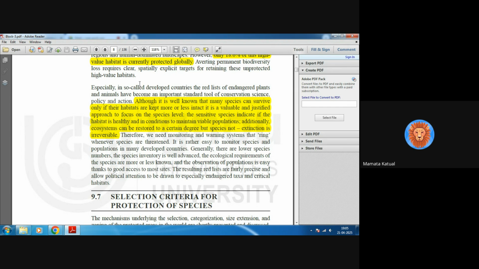And if the habitat is lost, then the organisms will also not survive. So when there is conservation, not only do we have to focus on the endangered plants and animals which are present in the red list, but also we have to focus on the habitats in which they live.